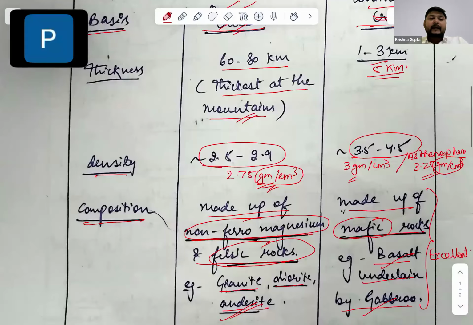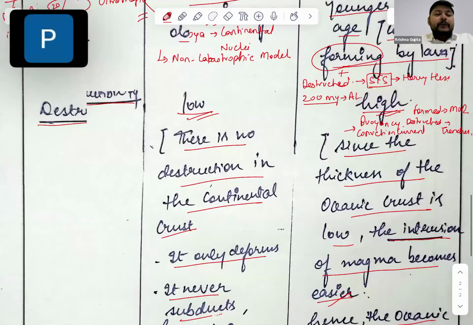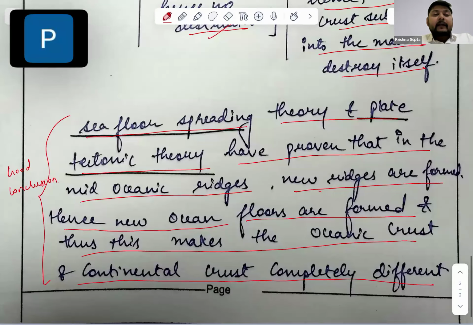So here we'll be looking at the oceanic crust and continental crust.